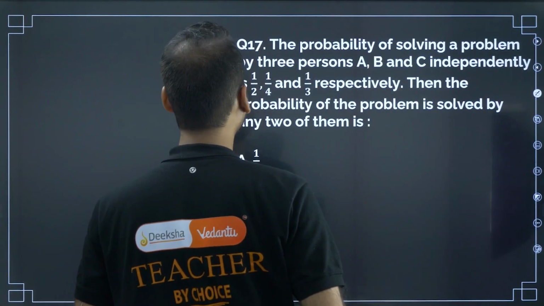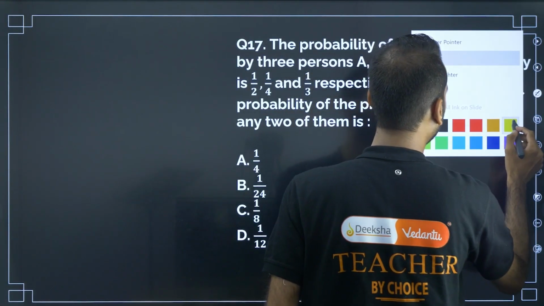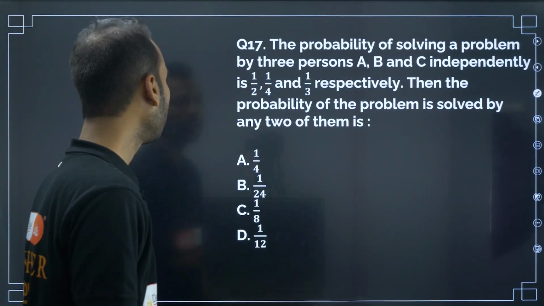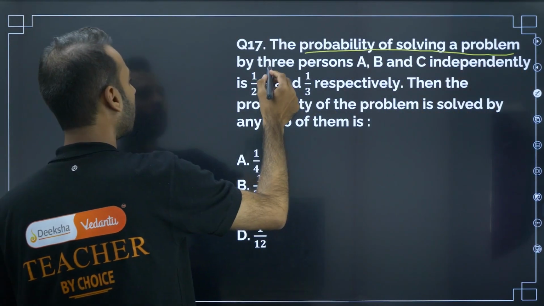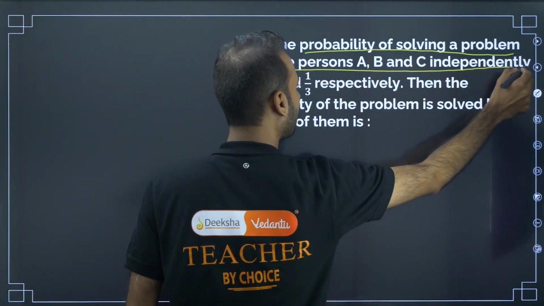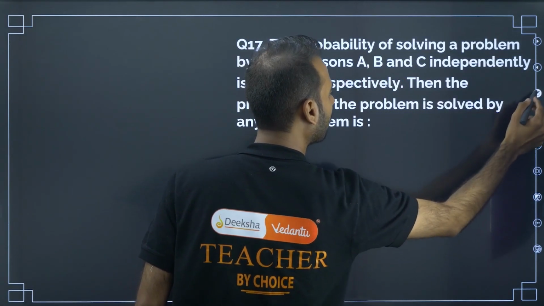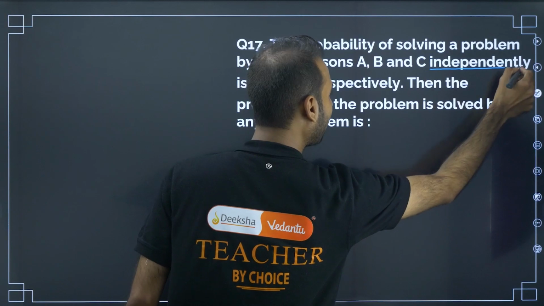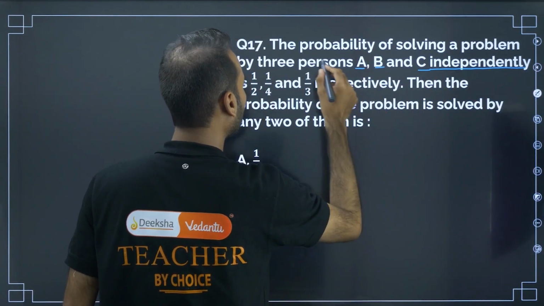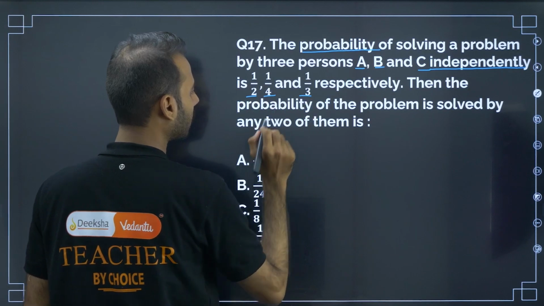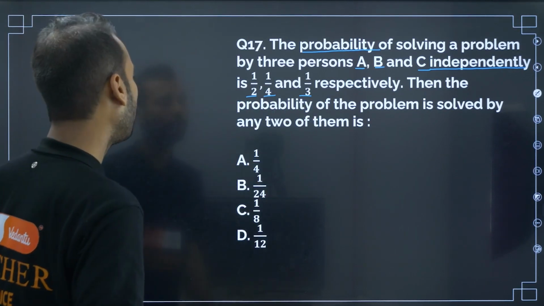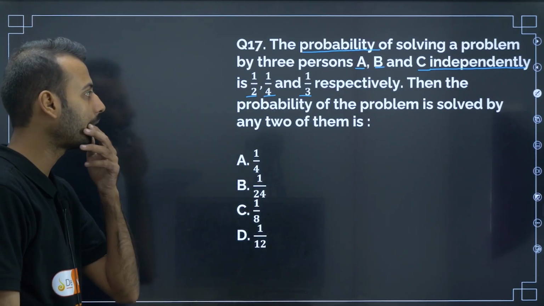The probability of solving a problem by 3 persons A, B and C independently is this much. Then probability of problem is solved by any two of them.